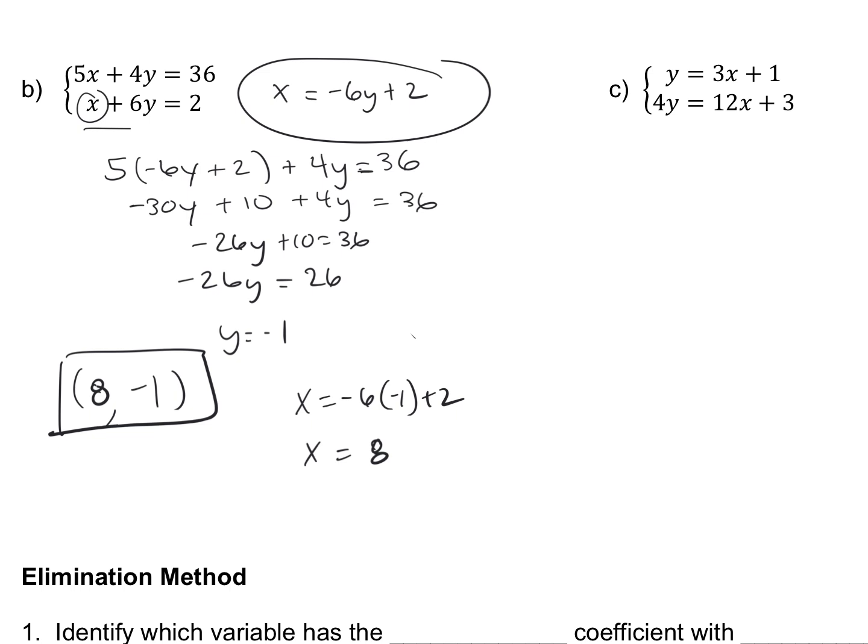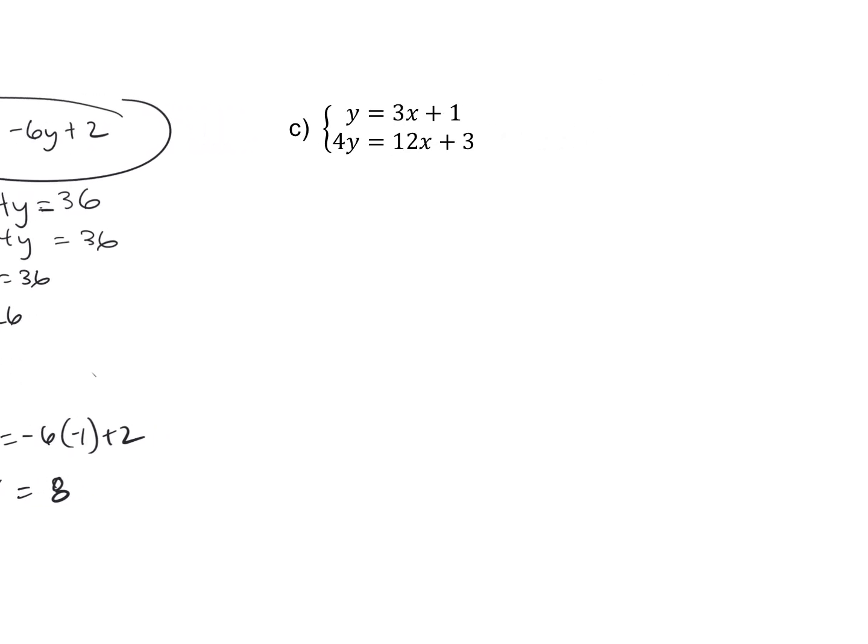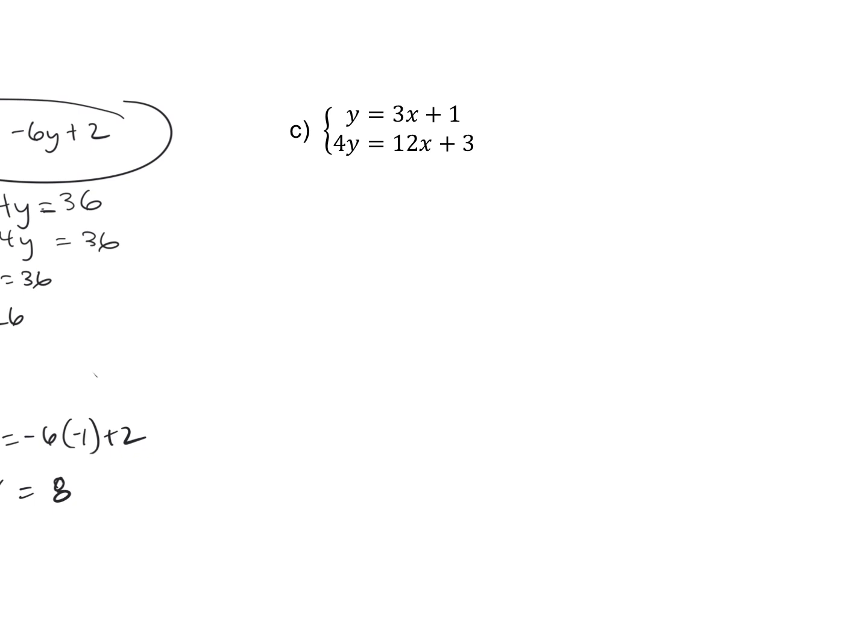All right. Let's try the next one. Let's just do this together. We lucked out. We've been blessed. It's already in this form, so I don't have to worry about it. So I'm going to take that y and substitute it into the 4 times y.